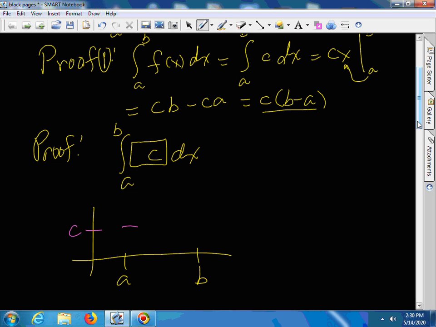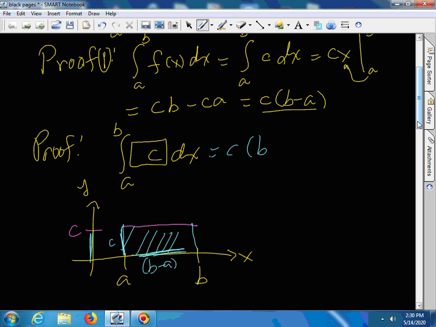So between a and b, there's the function, and we want the area under that curve from a to b. It's a rectangle. The height is c. The base is b minus a. So its area is c times b minus a.